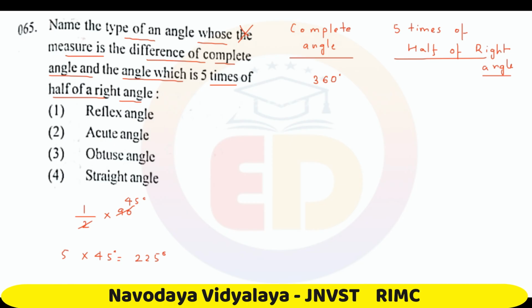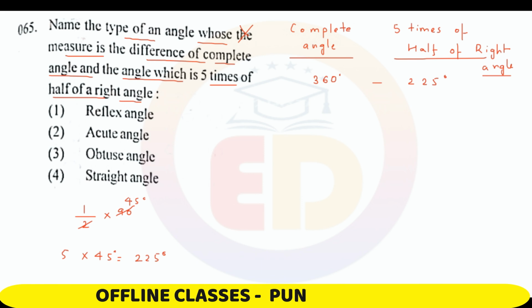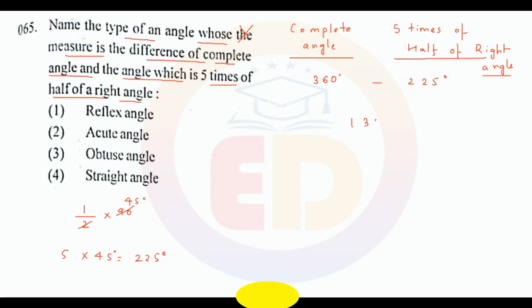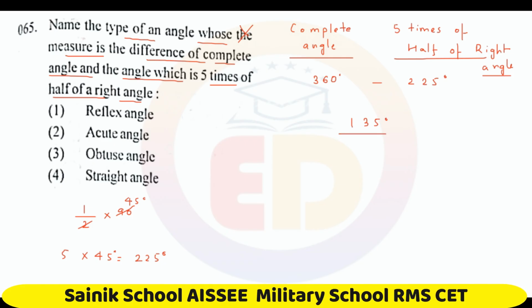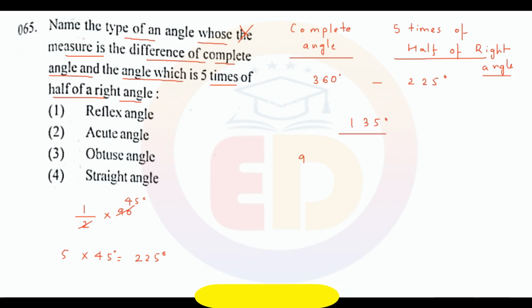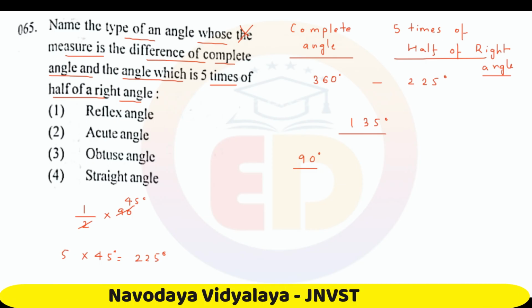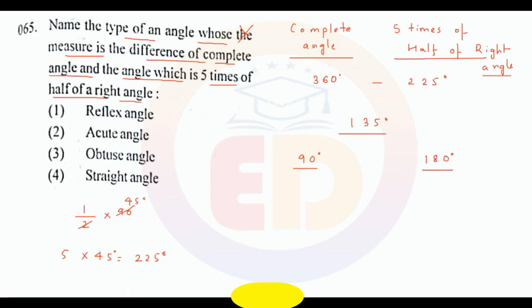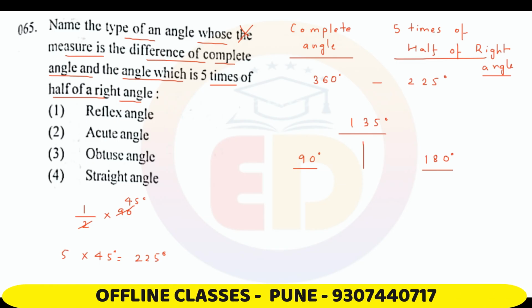Now we have to take the difference of 360 degree and 225 degree. On subtracting both, we get 135 degree. Now remember, 135 degree is greater than 90 but less than 180, and an angle which is greater than 90 but less than 180 is an obtuse angle.